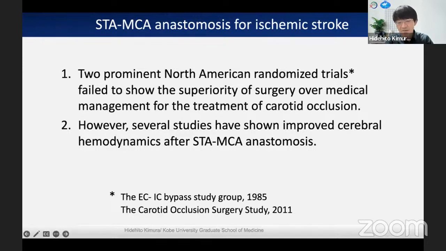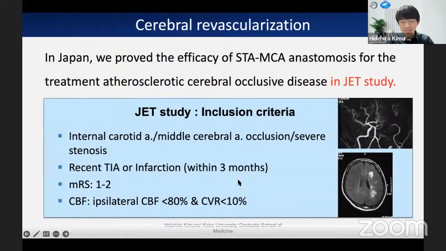However, later on, several kinds of trials have shown improved cerebral hemodynamics and clinical efficacy. One of them is the Japanese trial, the JET study, the Japanese EC-IC bypass trial.